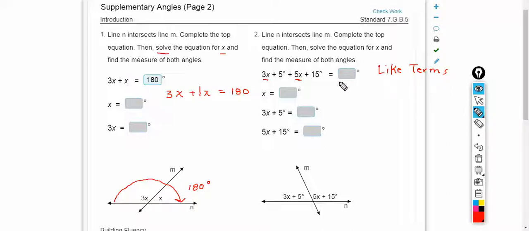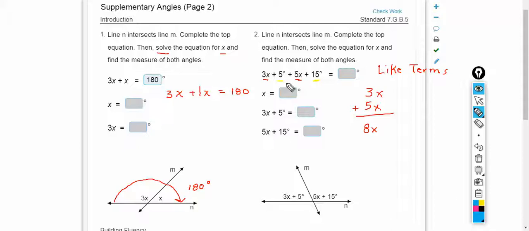So in this question, 3x and 5x, we can add those and get 8x. We can combine them or add them together because they're the same type of term. We can add together the 5 and the 15.